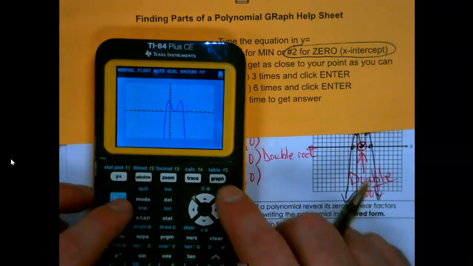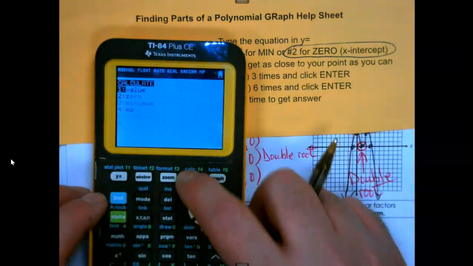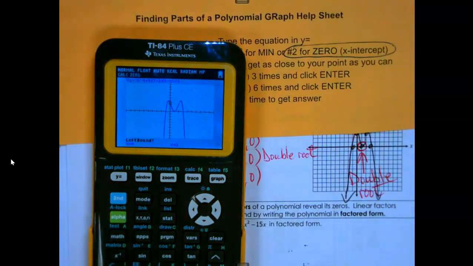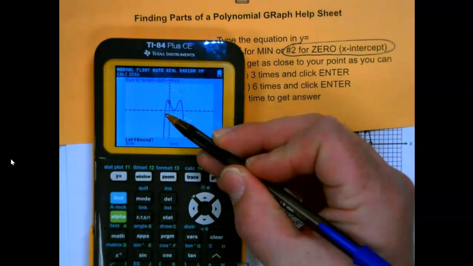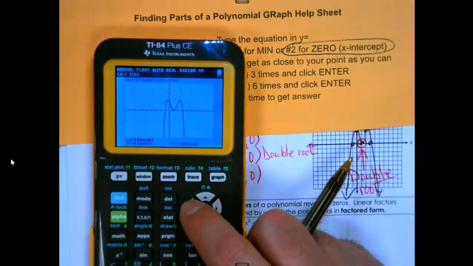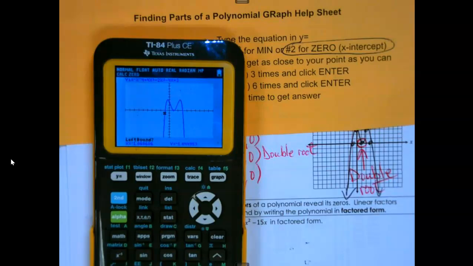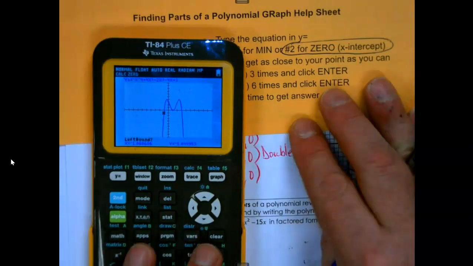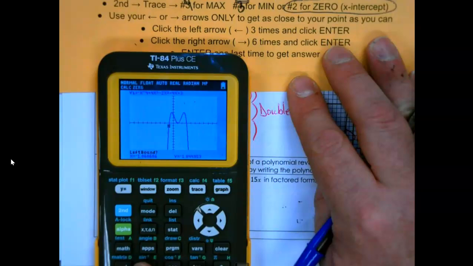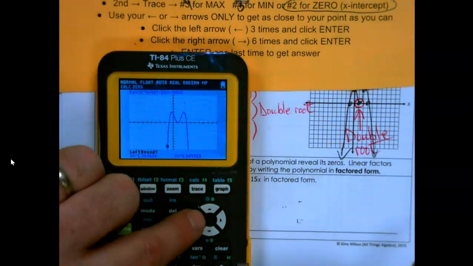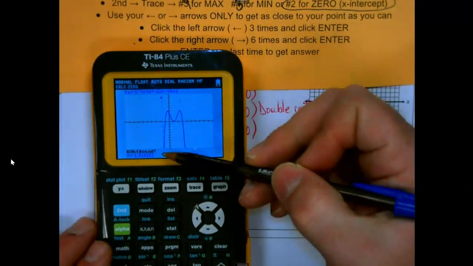So in other words, I could do second trace 0. And let's say I was looking for this one on the left. I'd get as close to it as I could. It won't be perfect. And then we're going to do the arrow game. Left, 1, 2, 3, enter. There's my boundary.